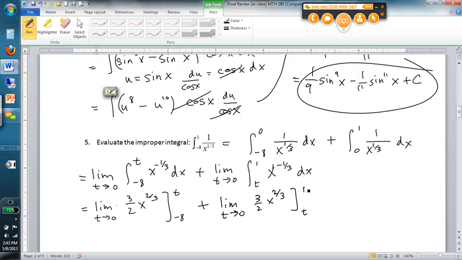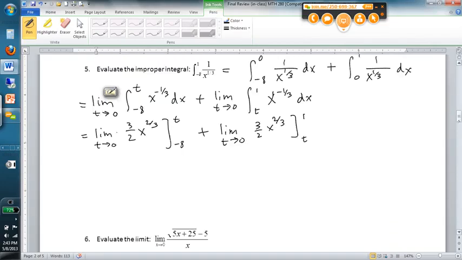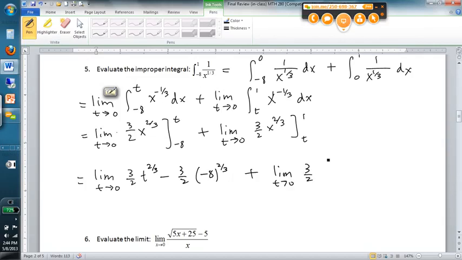Plug those in. I'll have the limit as t goes to 0 of 3/2 t to the 2/3 minus 3/2 negative 8 to the 2/3. And then over here I'll have the limit as t goes to 0 of 3/2 times 1 to the 2/3, which is 1, so it's just 3/2, minus 3/2 t to the 2/3.